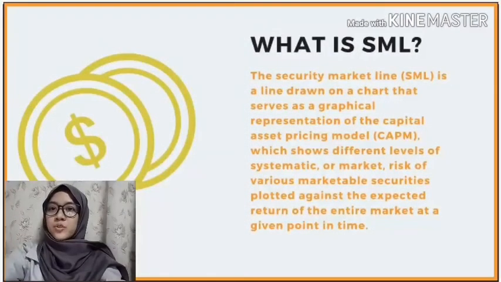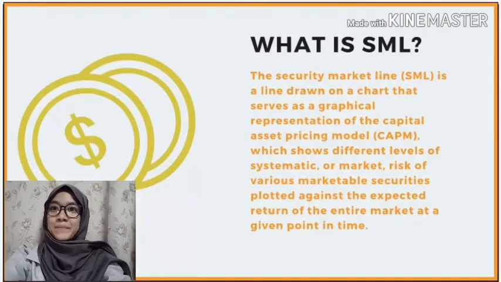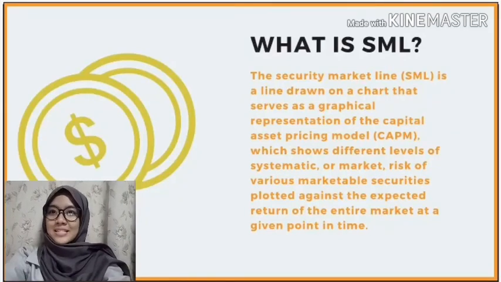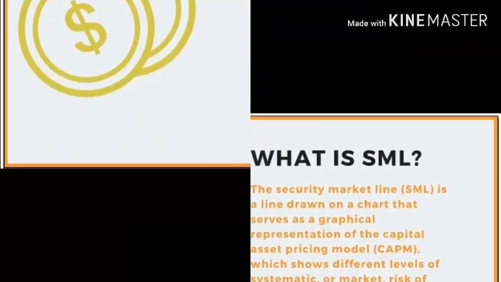What is the security market line, or SML? That is the definition of the capital asset pricing model, or CAPM, as a graph that reflects the required returns in the marketplace for each level of non-diversifiable risk.